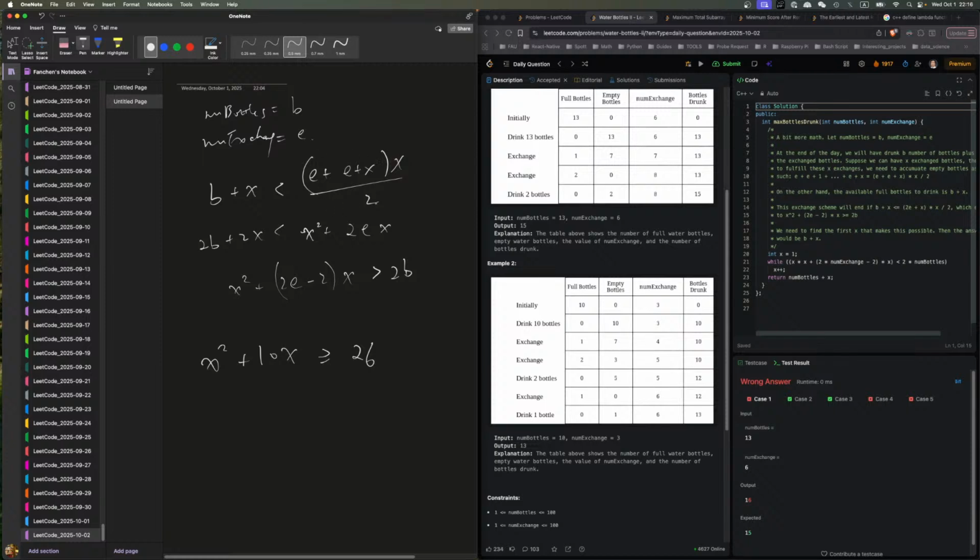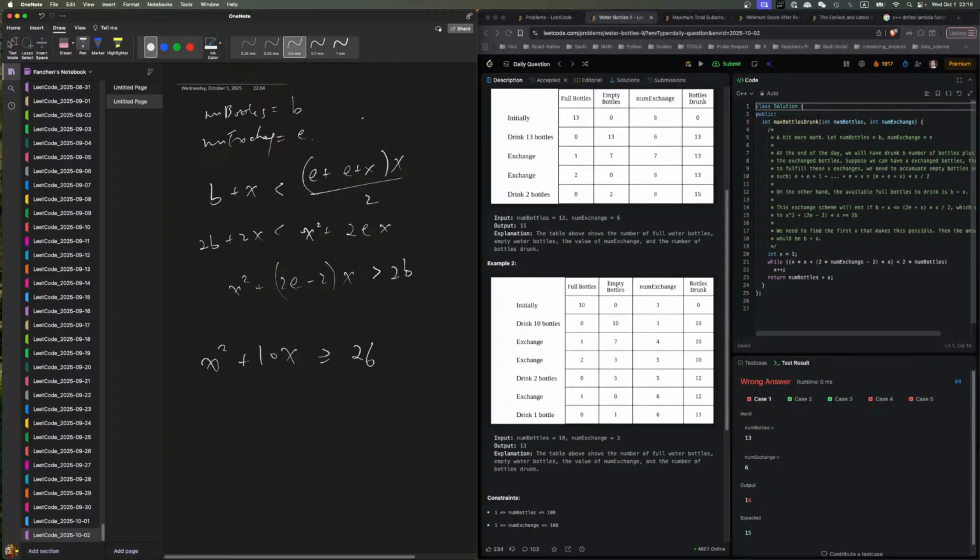After 3 rounds it's bad. Huh. So after 2 rounds, we can still do 1 more exchange, but on the 3rd round, we cannot.